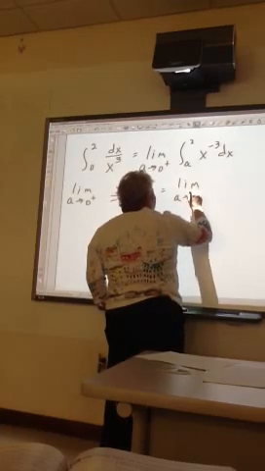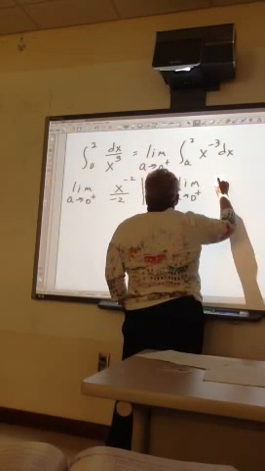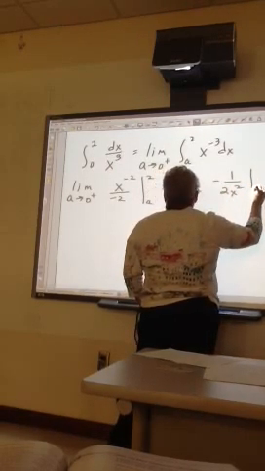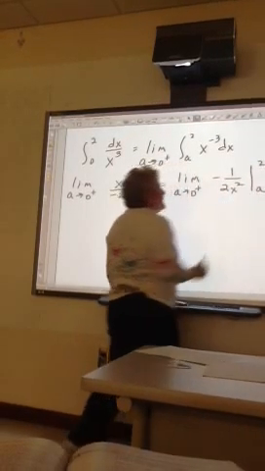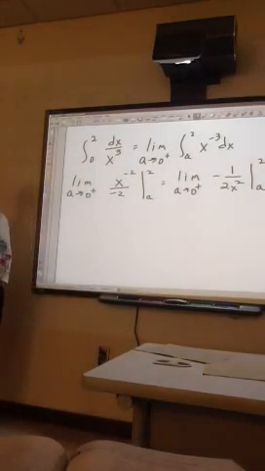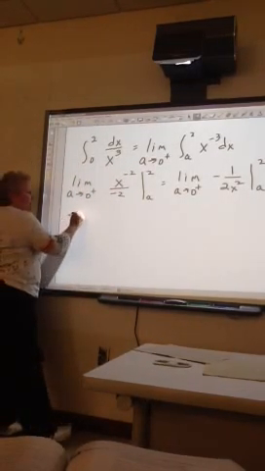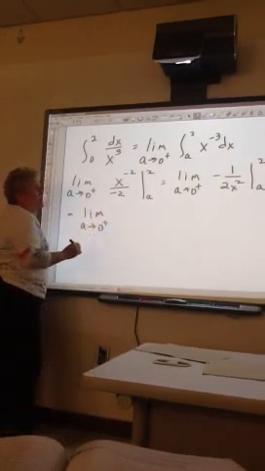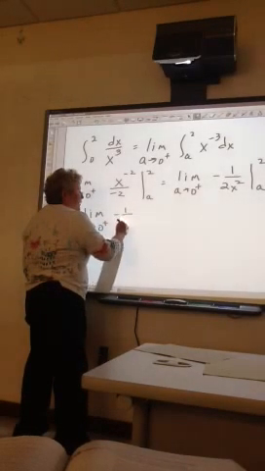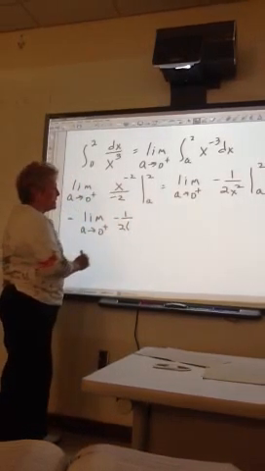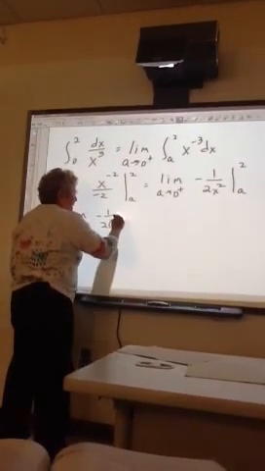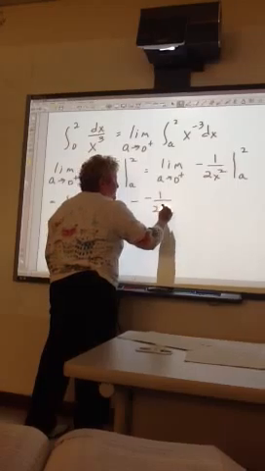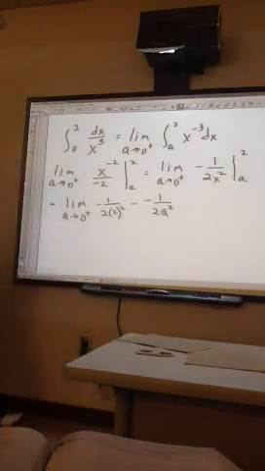Negative 1 over 2x squared, from a to 2. Fundamental theorem. Plug in the top number. So that's negative 1 over 2 times 2 squared minus negative 1 over 2 times a squared.